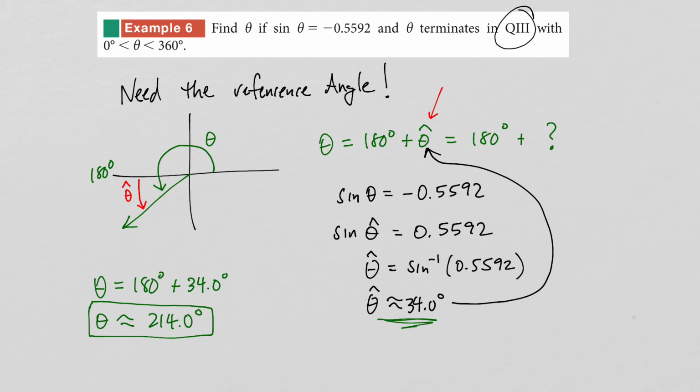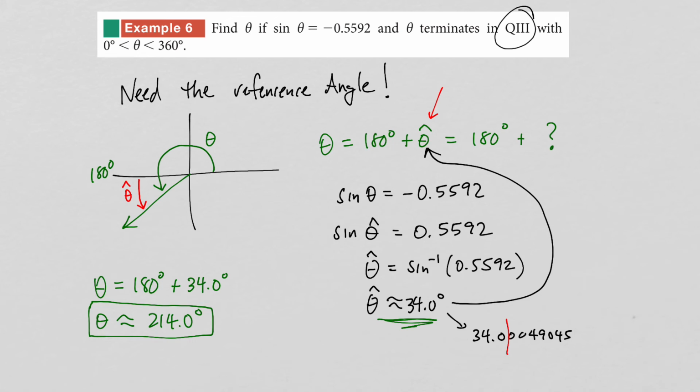And just in case you're wondering here, when you type this into your calculator, you actually get 34.00049 and so on. So when you round this to the nearest tenths place, you get 34.0 degrees.